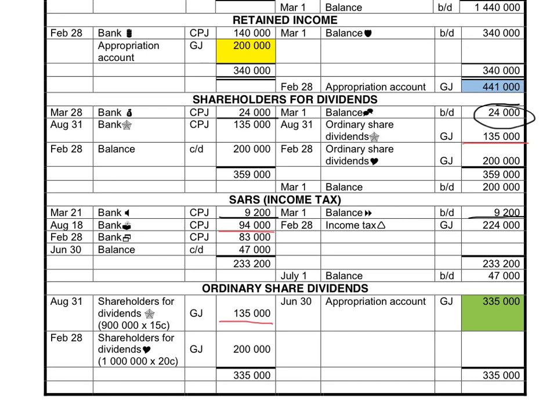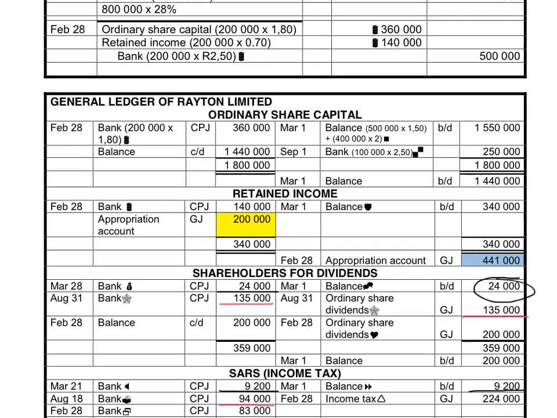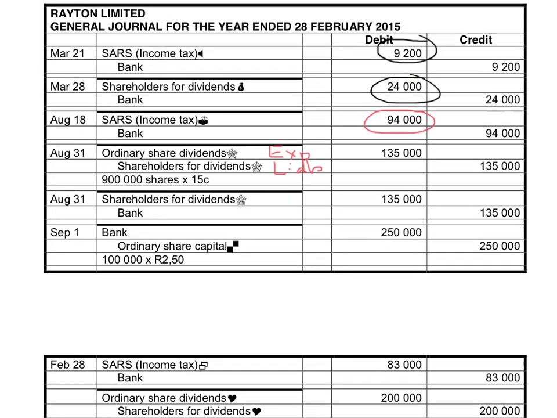Then we will pay the shareholders immediately the 135,000, so the bank is credited and shareholders will be debited with the 135,000. And in the journal, I will record the payment of 135,000, and I show that my liability will decrease with 135,000.